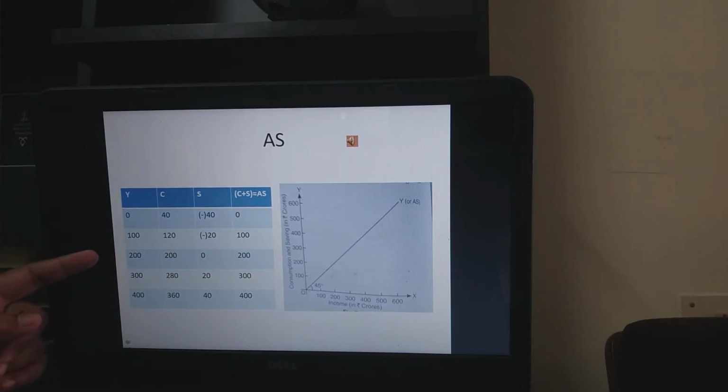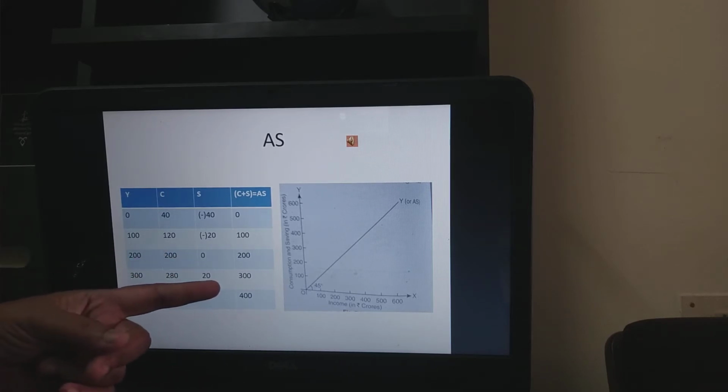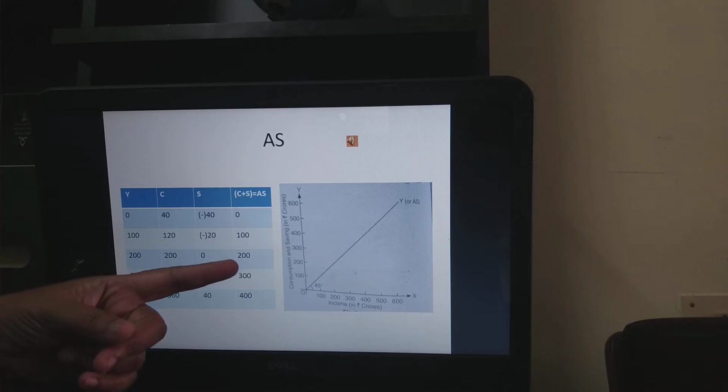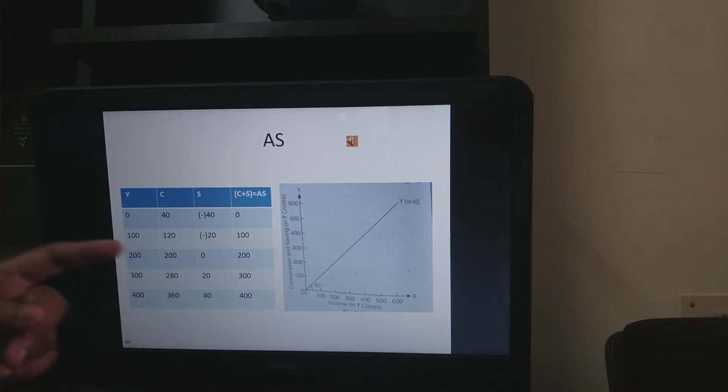Now when income reaches 200, the consumption also reaches 200. So income is equal to consumption, or that is the break even. That is also the zero saving point. That is, all income is spent on consumption expenditure, nothing to save, or zero savings. So AS will also be 200 plus 0, that is 200.